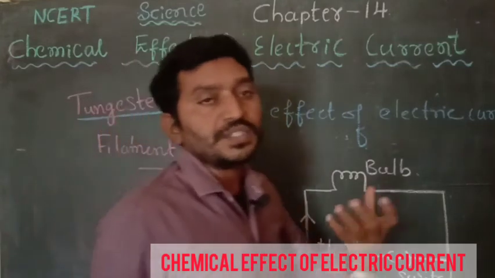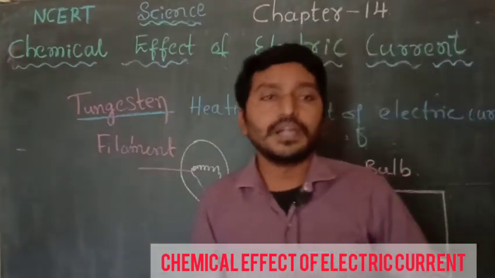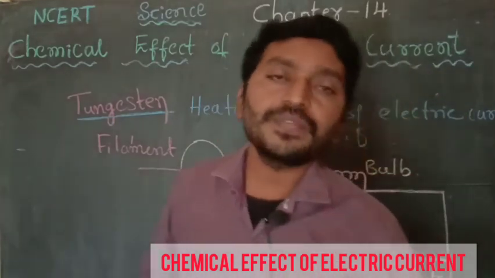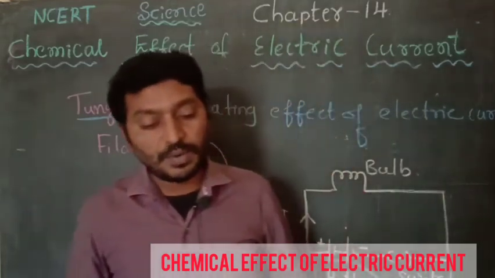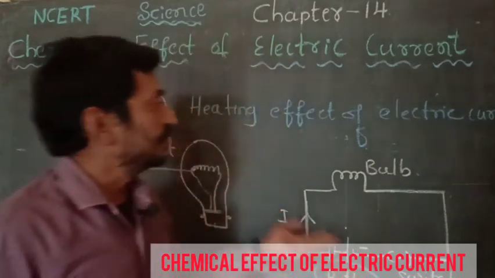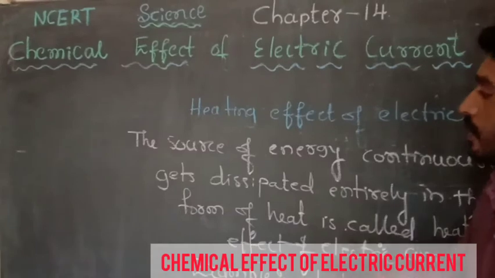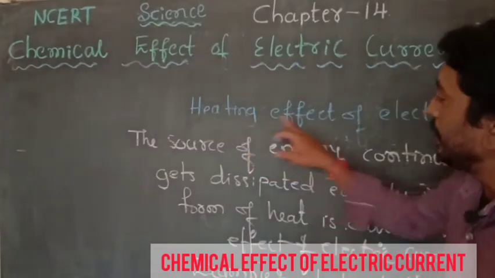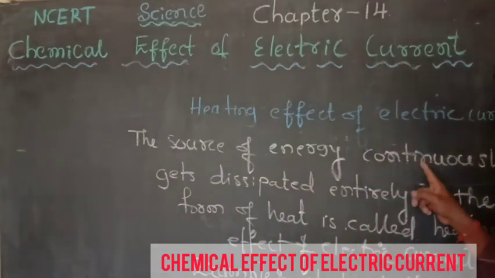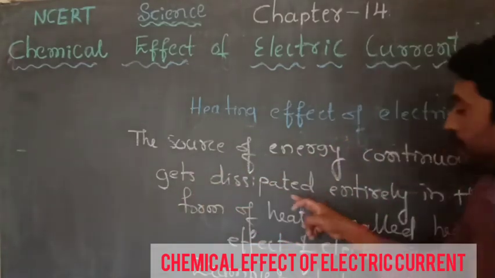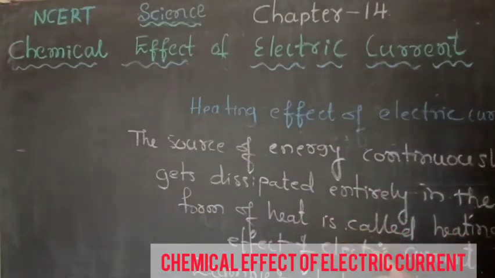So what is the main definition of the heating effect of electric current? When the energy of the source is continuously dissipated entirely in the form of heat, it is called the heating effect of electric current.